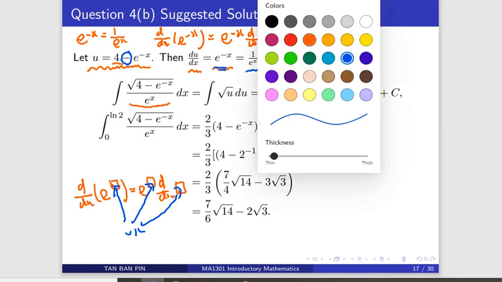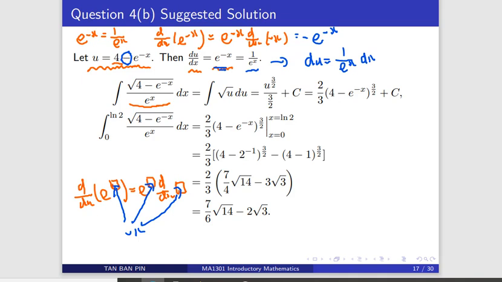So which means if you have 1 over e power x dx, you can replace it by du.